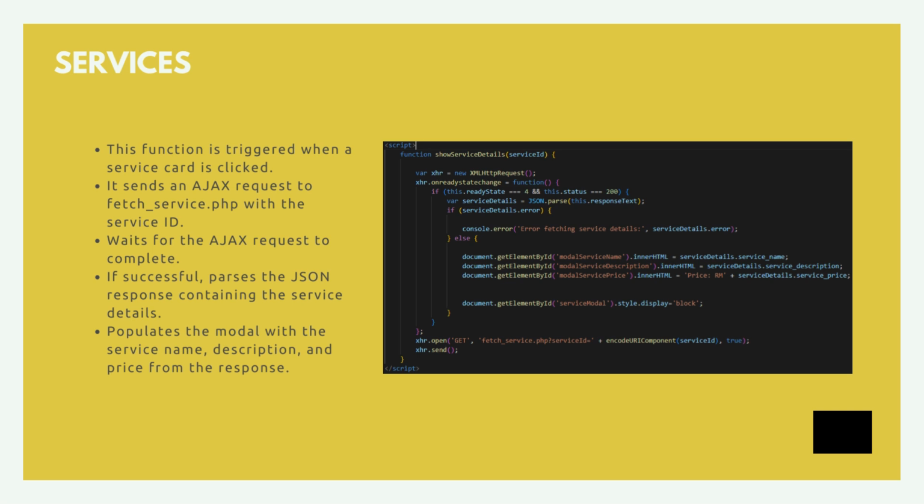If successful, it will respond with the service details, and then populate the modal with the service name, description, and price from the response. It will make the modal visible by setting its display style to block, and it will also do error handling, logging an error message to the console if there is an issue fetching service details.